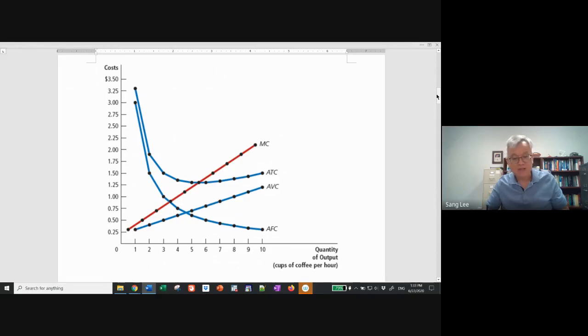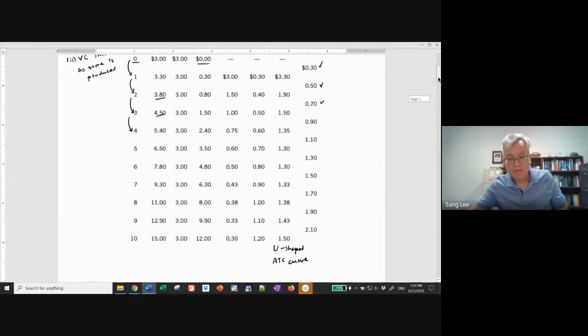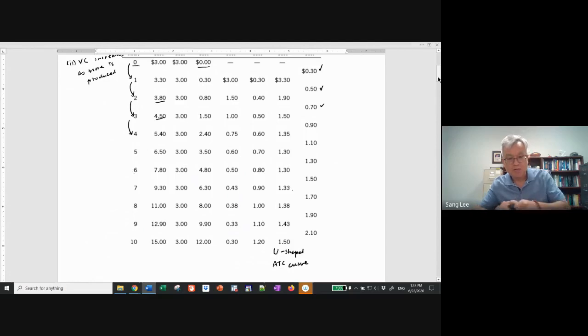Okay. But average total cost, well, in the previous table, average total cost was first declining when you produce up to 6 units. And then beyond that, average total cost starts rising again. So it has a U shape.